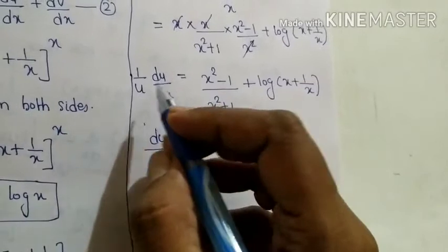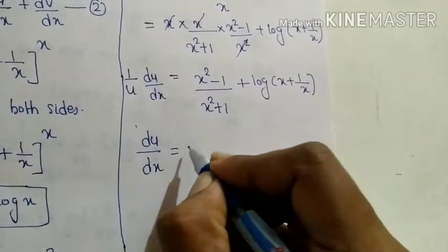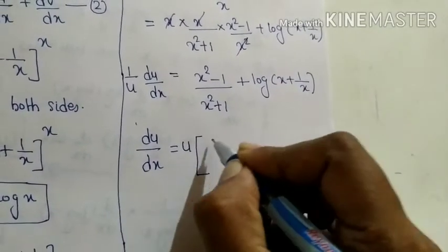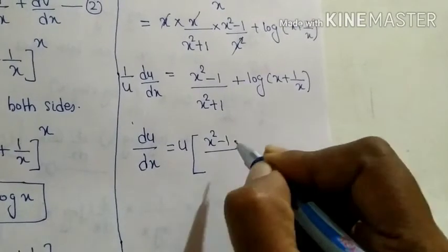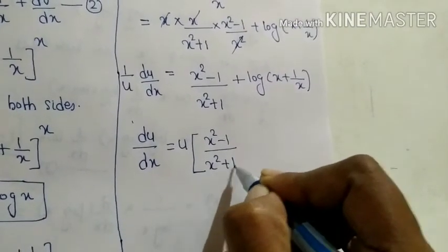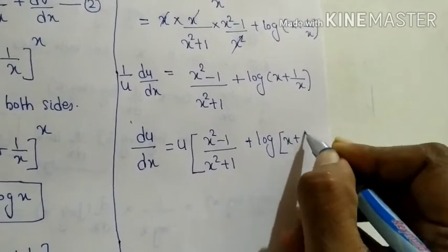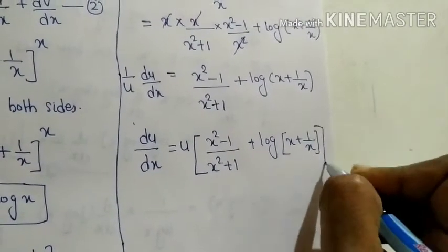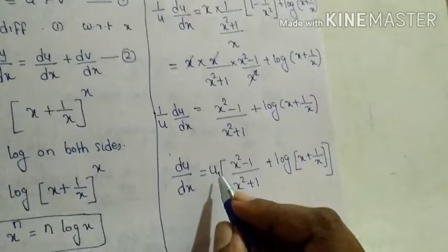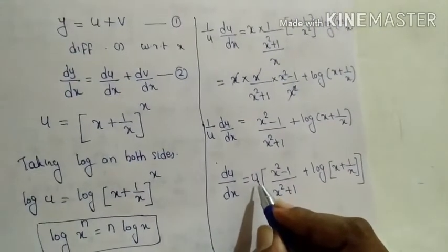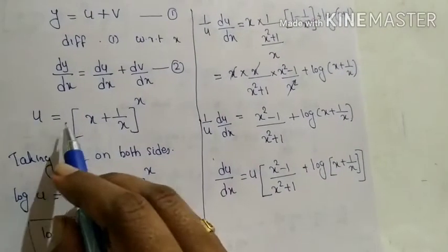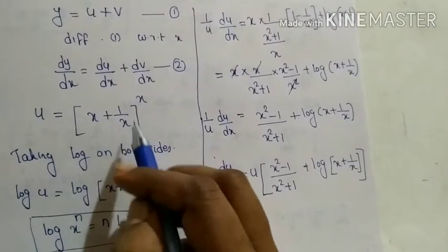So taking this u to the RHS, we get u into [(x square minus 1) divided by (x square plus 1) plus log of (x plus 1 by x)]. And replace the value of u. u is (x plus 1 by x) whole raised to x.